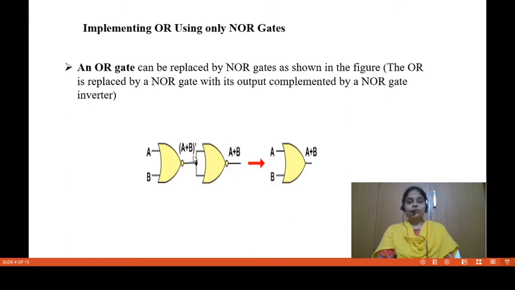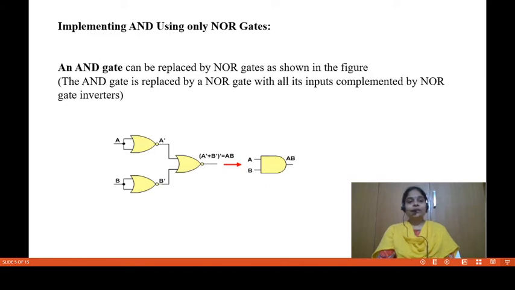So A plus B whole complement is sent as the input to the second NOR gate, and you will get the whole complement, the complements get cancelled, and you get the expression A plus B. A plus B is the expression for the OR gate. So by using NOR gates, we achieved the OR gate expression.